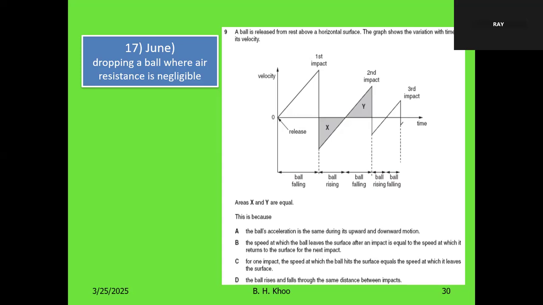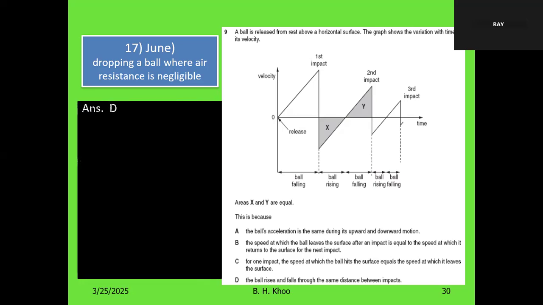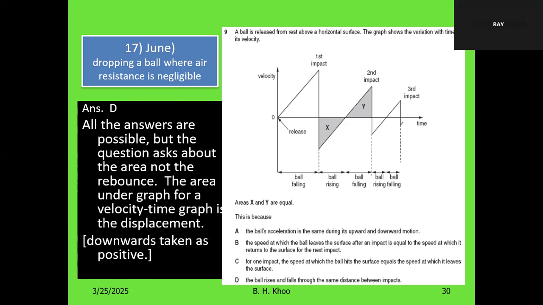Area x and y is the distance, the same displacement. Area under the velocity-time graph is displacement. Downward is taken as positive.